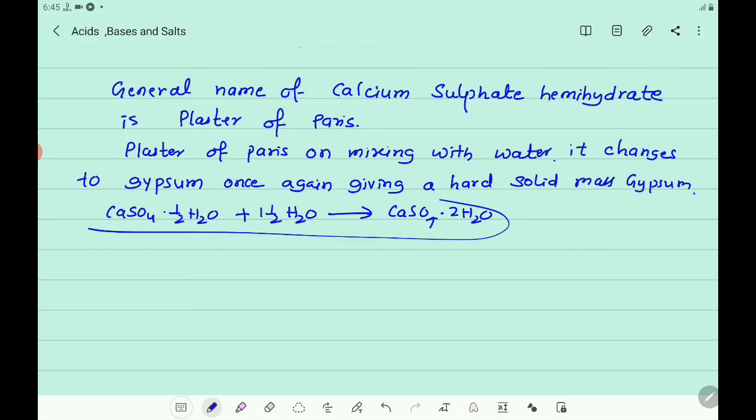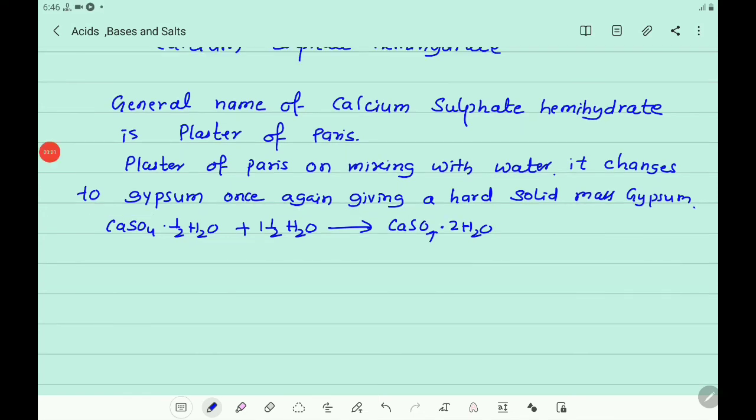Because of the setting property of plaster of Paris, it is used for making chalks and fireproof materials, for making plasters used in surgery for plastering fractured parts of the body, and it is mixed with alum and used as a cement in ornamental casting and for making molds in pottery works.